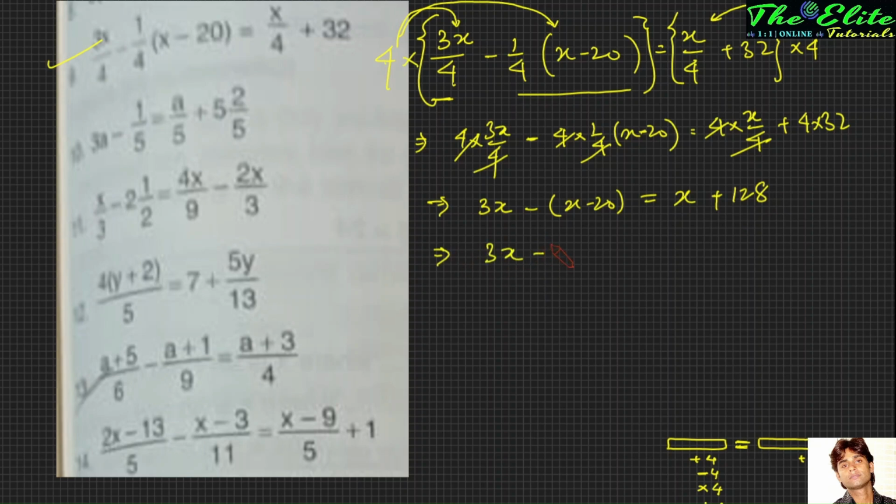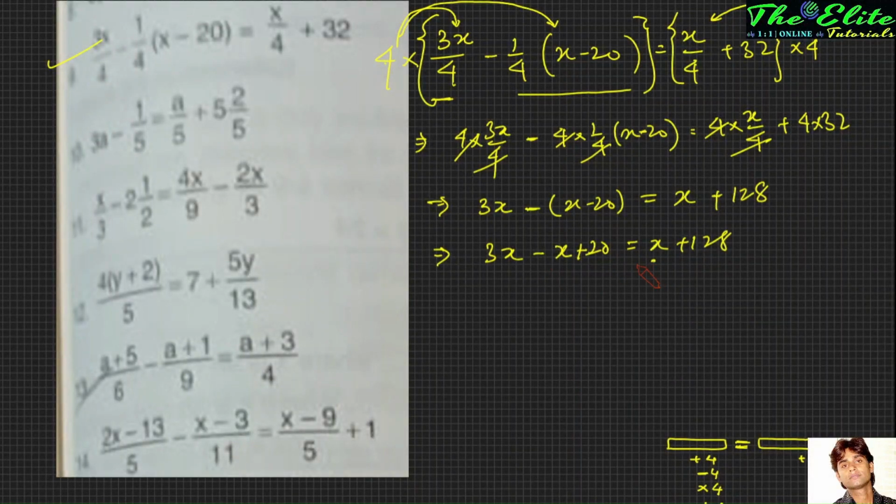When we remove this bracket, outside the bracket the sign is minus, so everything inside the bracket has to change its sign. Here it was plus x, when changed it became minus x. Here it was minus 20, when changed it became plus 20.